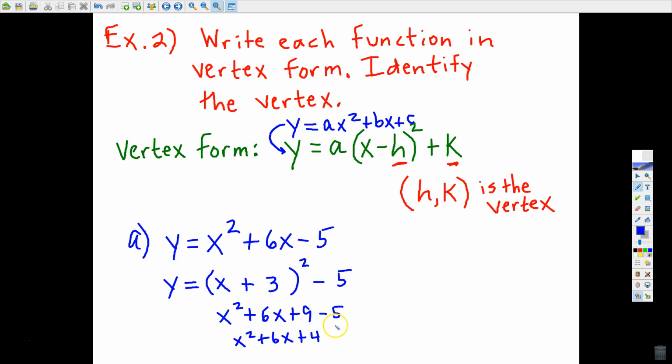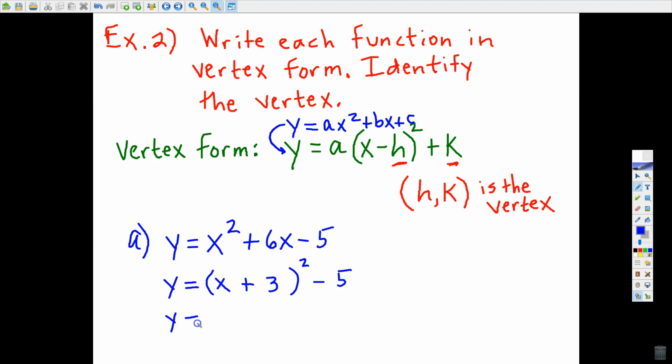So the whole idea here is, if you think of it this way, I'm basically out of balance because I've added this 9 here, 3 squared, and that's causing me to be over by 9. So I need to subtract 9 in order to bring it back into balance, if you will.